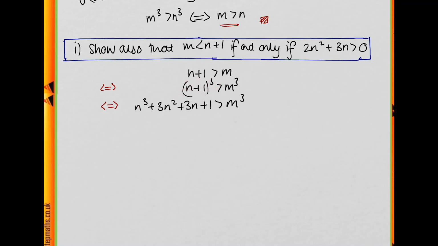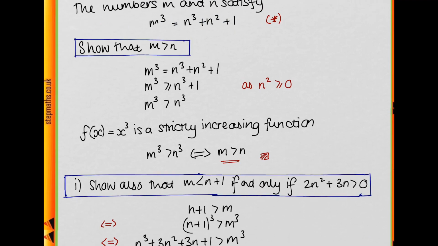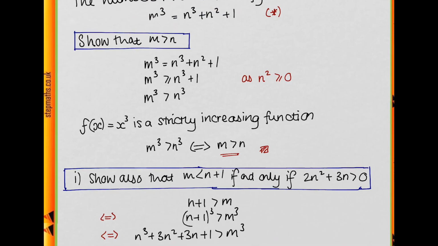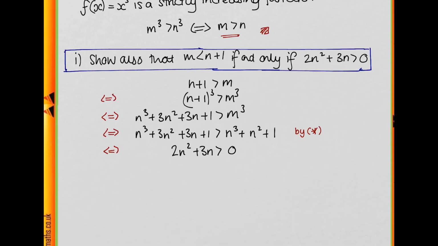And n plus 1 cubed, if you expand it out, is n cubed plus 3n squared plus 3n plus 1, which is greater than m cubed. And remember that we have an equation star that represents m cubed. So if we replace m cubed with star, we get n cubed plus 3n squared plus 3n plus 1 is greater than n cubed plus n squared plus 1.